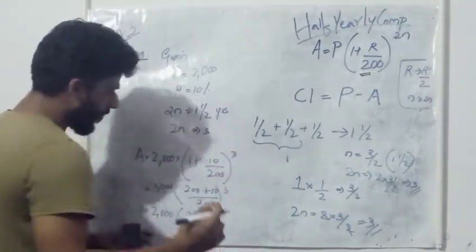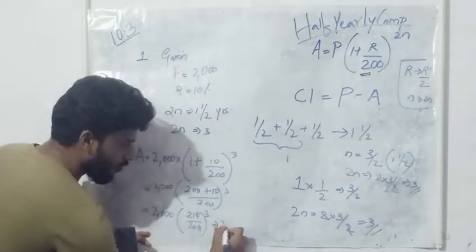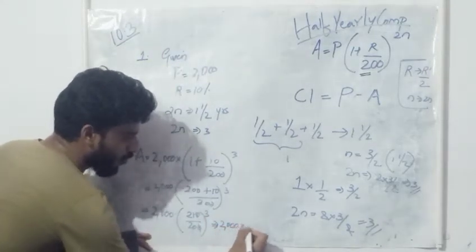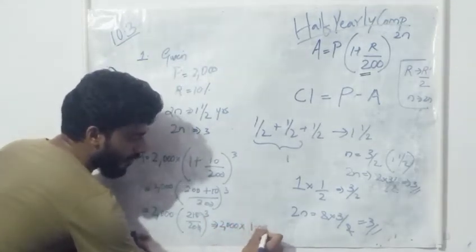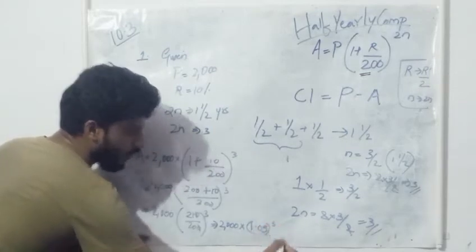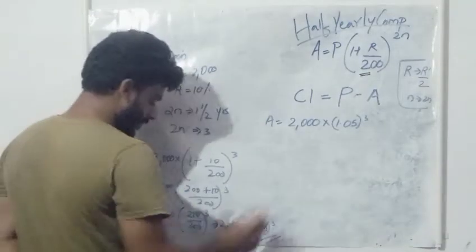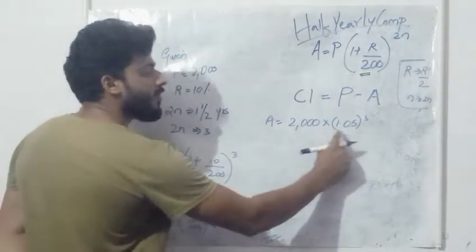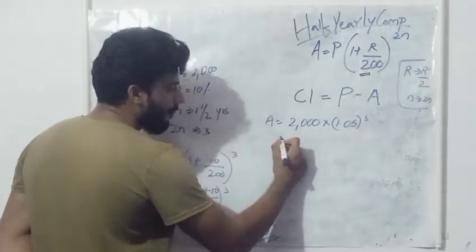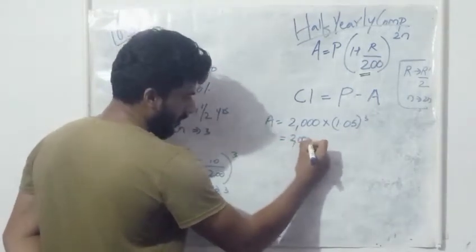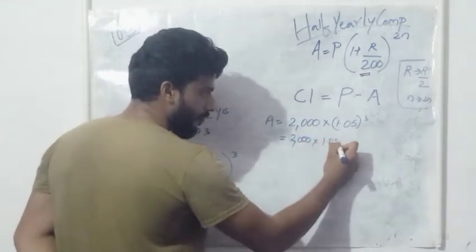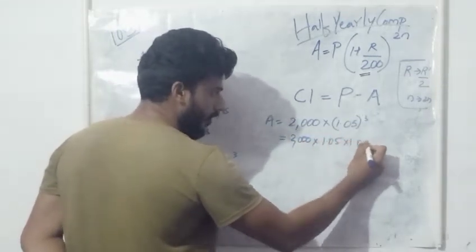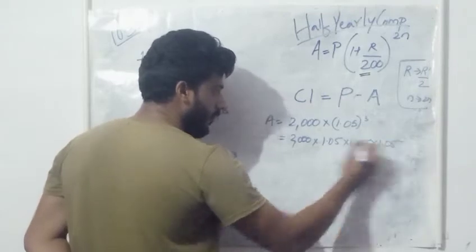21 by 20 will be 1.05. So 2000 into 1.05 whole cube. A is equal to 2000 into 1.05 cube. That means 2000 into 1.05 into 1.05 into 1.05.